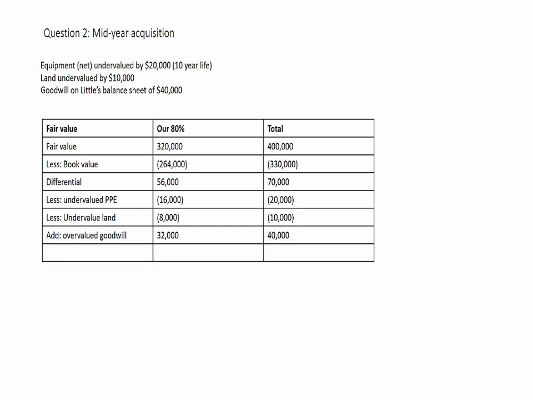And then finally, recall that the goodwill on Little's balance sheet does not survive the acquisition. Again, think back to what we talked about in the case of a merger. If you acquire another company, the goodwill that the acquired company had is not a separately identifiable asset.